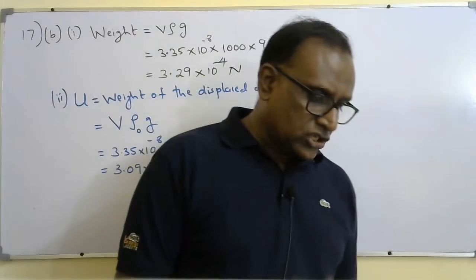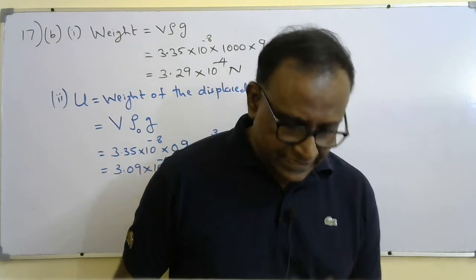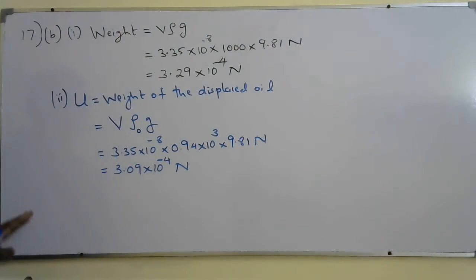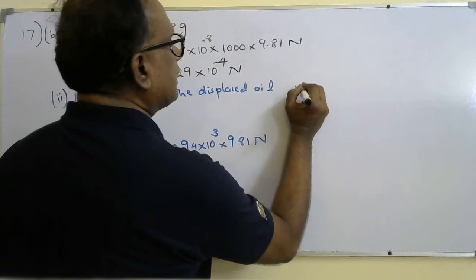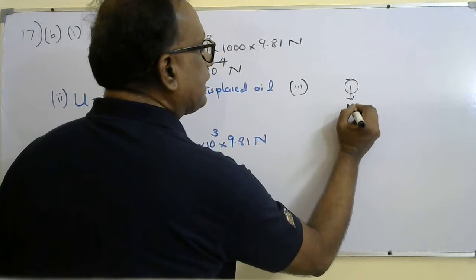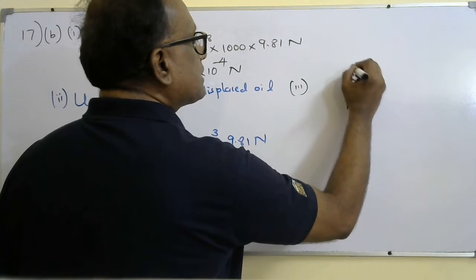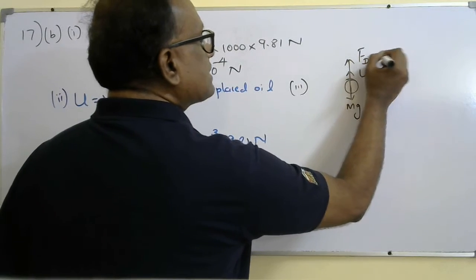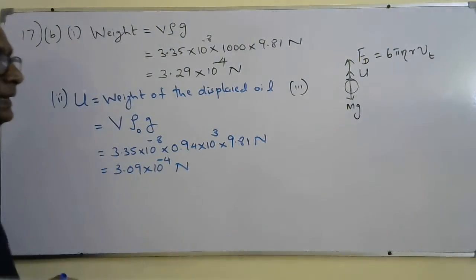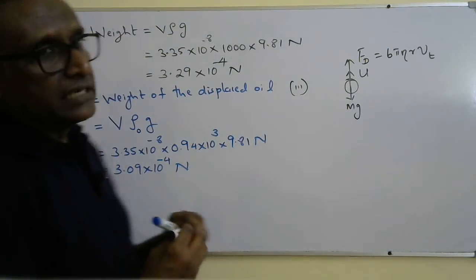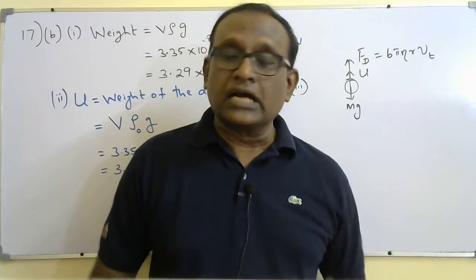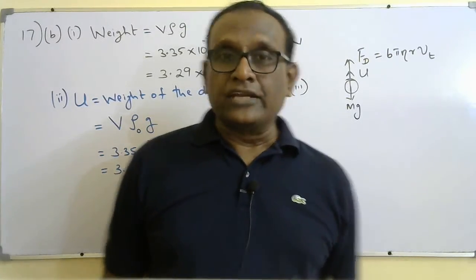Calculate the terminal velocity of this water droplet in the oil. Viscosity is given. So for the terminal velocity, the forces acting on it, I will do the third part here. If I draw the free body diagram, there will be weight downwards, upthrust upwards, and the drag force also upwards, that is 6πηrv. For terminal velocity we put vt. We assume the oil flow around the water droplet is laminar, so we can use Stokes' law.